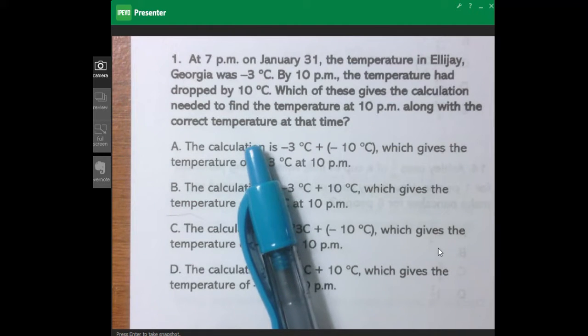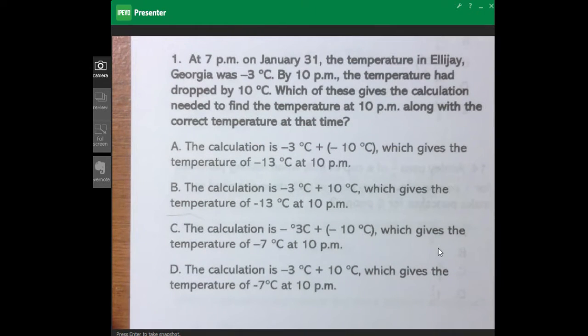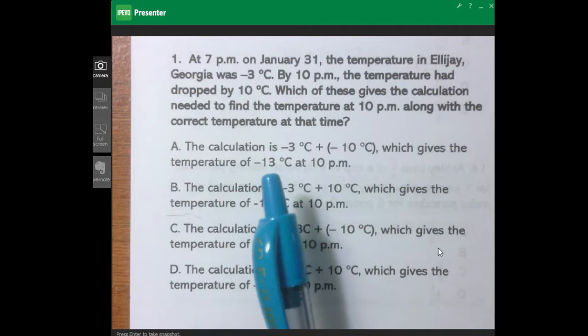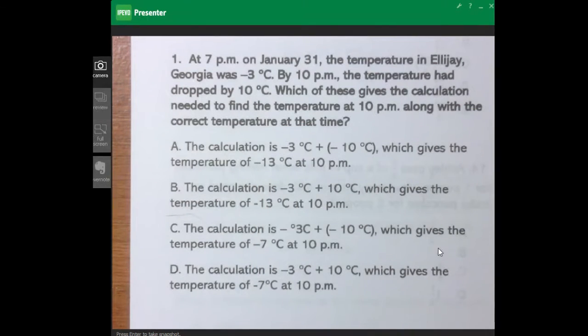So what we're looking to do right here is find out what number sentence is going to give us the correct calculation for the temperature at 10. And then we also need to know what the temperature is.